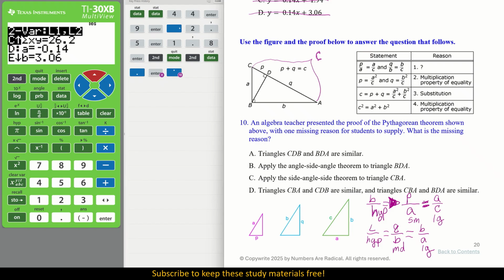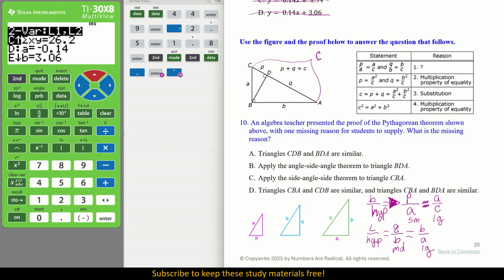Okay, A, that's saying CDB and BDA are similar.